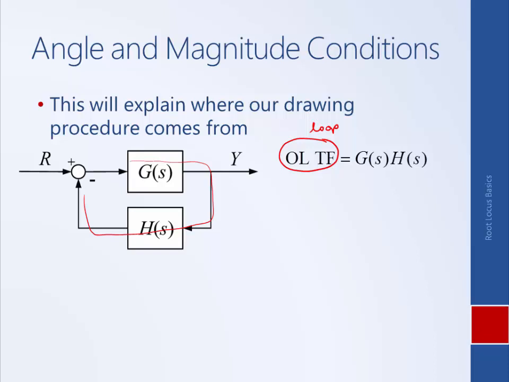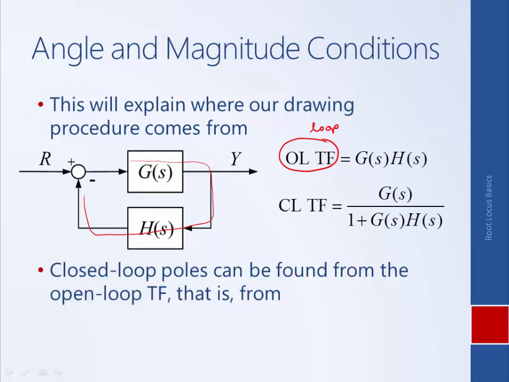Now let's think about what the closed loop transfer function looks like for this system. It's negative feedback, so it's simply forward over 1 plus loop, where the forward path from the reference to the output has only G in it, and the loop has G and H in it. So we get forward over 1 plus loop. That's our closed loop transfer function. Now let's think about where the closed loop poles come from. Closed loop poles are values of S that make the denominator of the closed loop transfer function equal to 0.